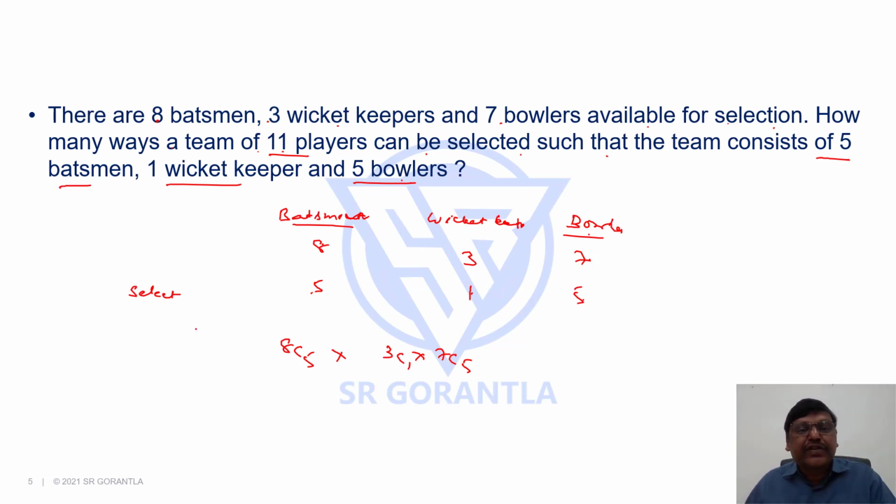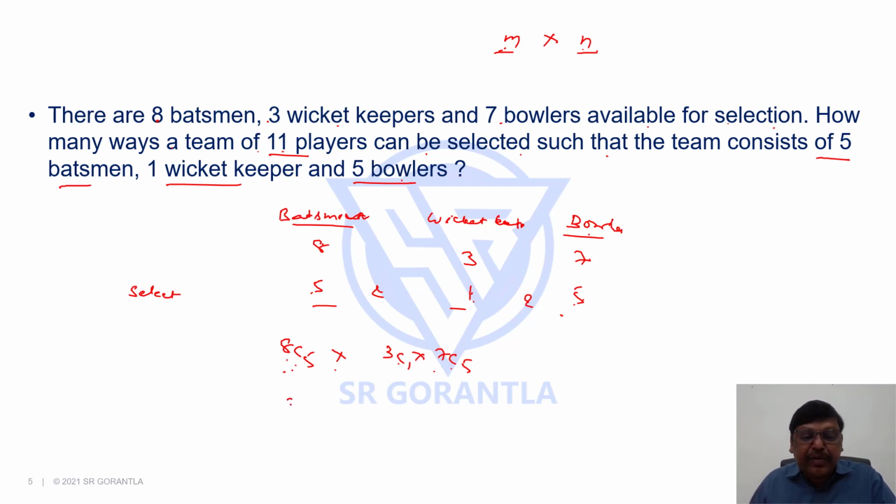Because if you recollect the first class, if one job can be done in m ways, another job can be done in n ways, how many ways both can be done? m into n ways. The fundamental principle or the multiplication principle. Similarly, we have to select these 5 batsmen and 1 wicket keeper and 5 bowlers, means all these 3 have to happen, so the total number of options is 8C5 into 3C1 into 7C5.